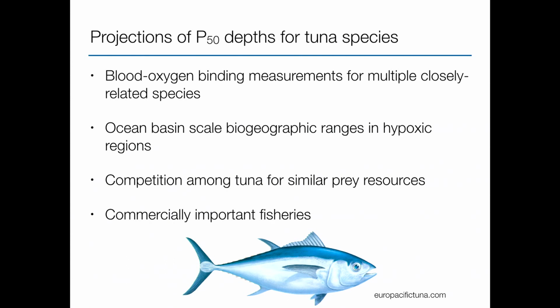They have large-scale geographic ranges, and the model results that I'm going to talk about are best used over the largest spatial scales. If it was an animal that lived in just a tiny little region, I wouldn't be able to make as good of assessments. And then competition: tuna compete with each other for similar prey resources.